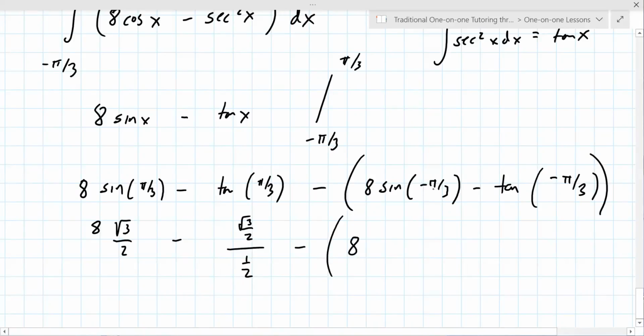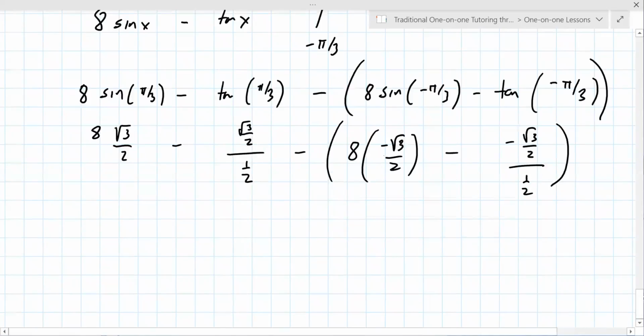Now sine of minus pi over 3 is the negative of this one, because you can do some quadrant relationships. And tangent in that fourth quadrant is just the negative of the first quadrant, so it's negative square root of 3 over 2 over 1/2. Just got some fun sign stuff here.